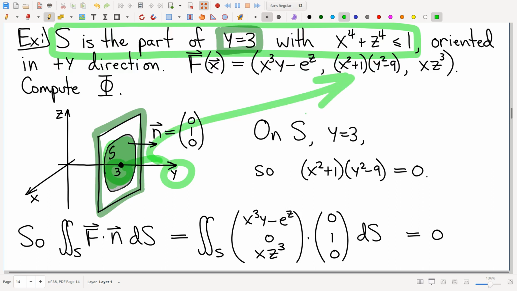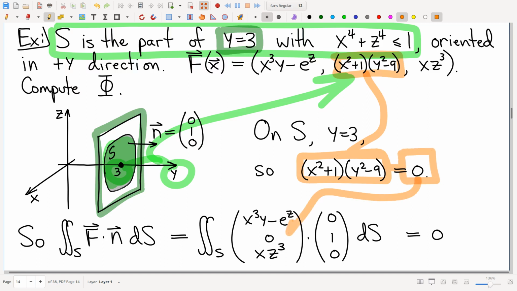I can plug that right into the vector field, and notice in particular my second coordinate there. Because y is 3, that second coordinate will always just be 0. So I get to plug in for that. And all of this ugliness of this second coordinate of my vector field, as far as I'm concerned, because we're on this surface, it's just 0. That makes sense to everybody?